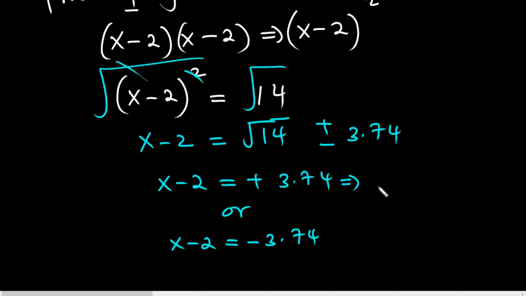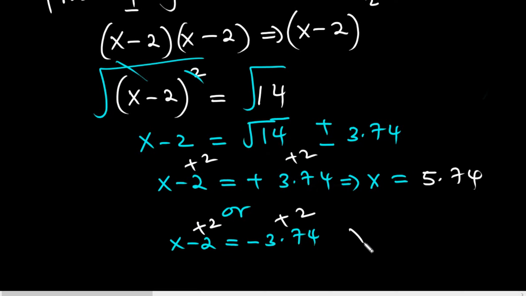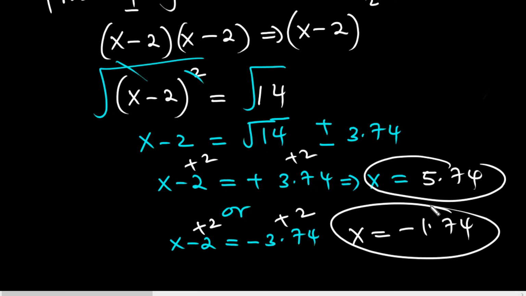So x is equal to, we can add 2 to both sides, so that x is 5.74. And then for this other one we can also add 2 to both sides, and x for this one is going to be negative 1.74. So x can be that and x can also be that.